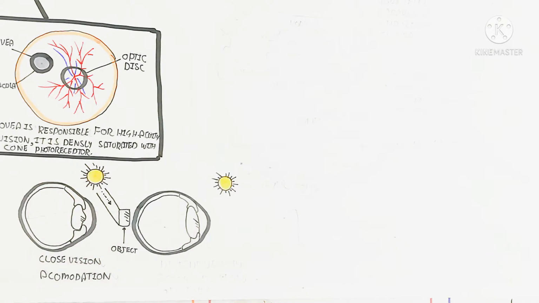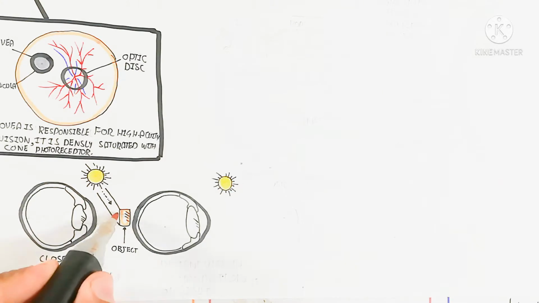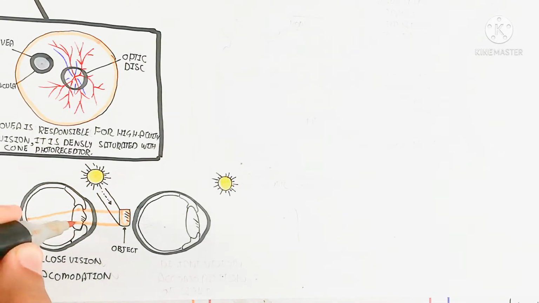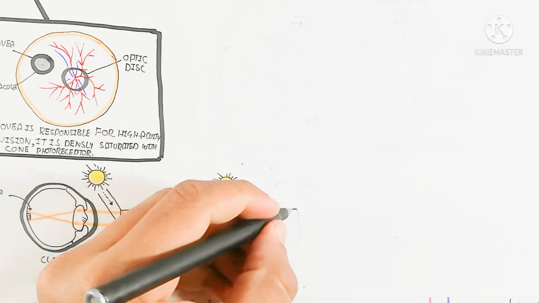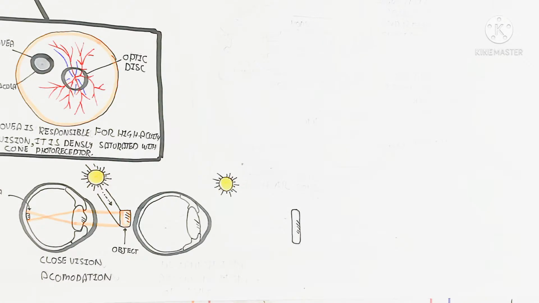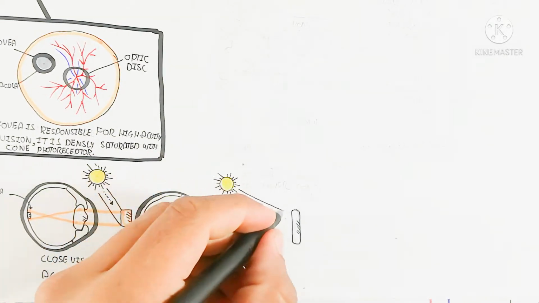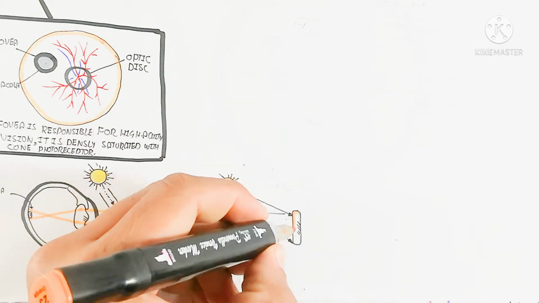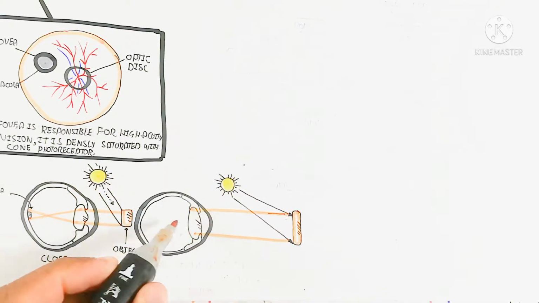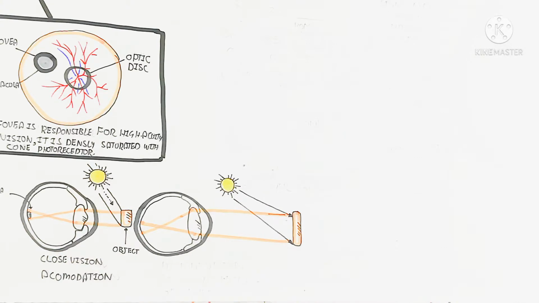Here is the close vision and distant vision. In close vision, you can see this is the retina, which makes the image by the axis and the reflection of the light. Close vision leads the lens to become more convex, due to the ciliary body and the oculomotor nerves.